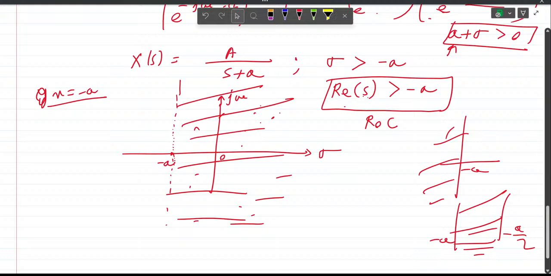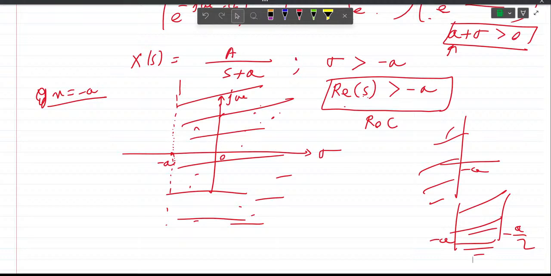Okay, we are not bothered about the ROC here because we will be applying the Laplace transform for transient analysis. Also, the electrical network is inherently causal, because causal means that unless we apply any signal, the response is 0 for an initially relaxed system.